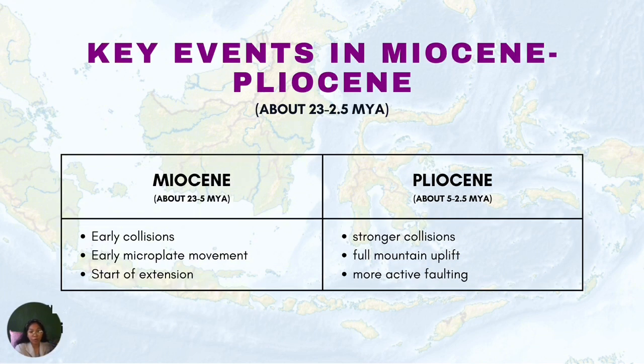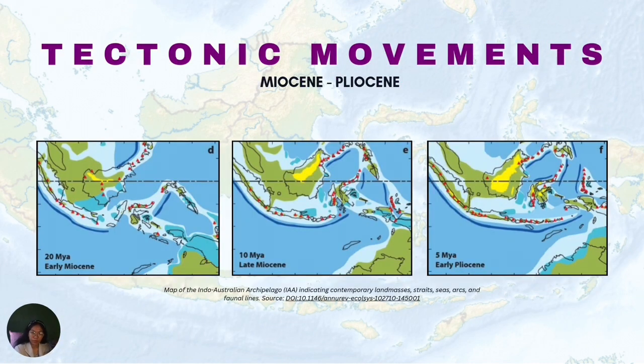Faulting became more widespread and more active, creating the complex fault system we see today, and this era solidified much of the current topographic and tectonic structure of Indonesia, setting the stage for the Quaternary period.